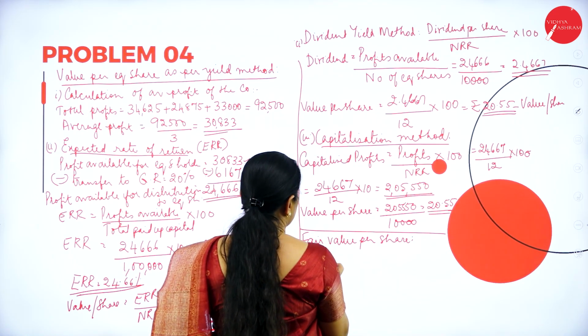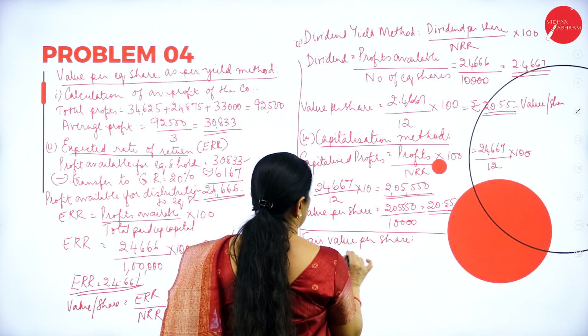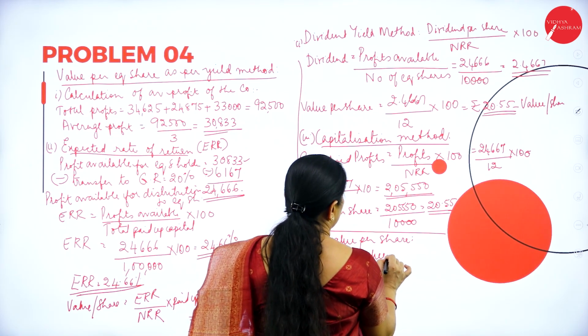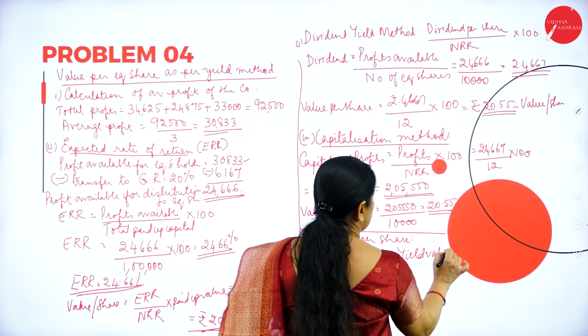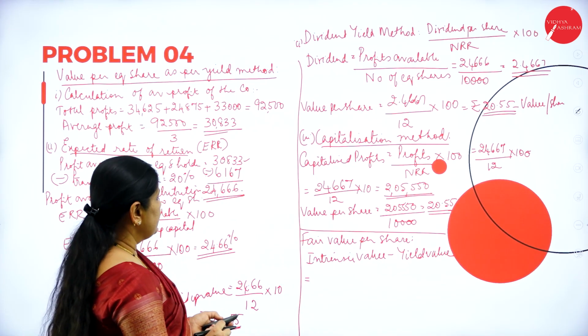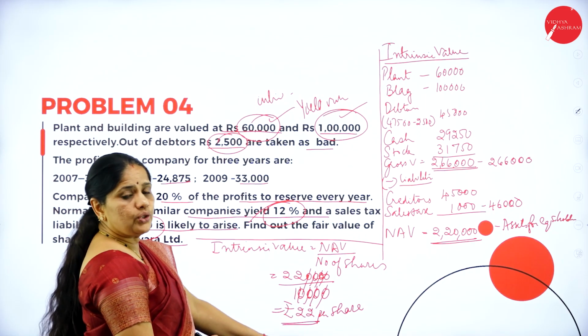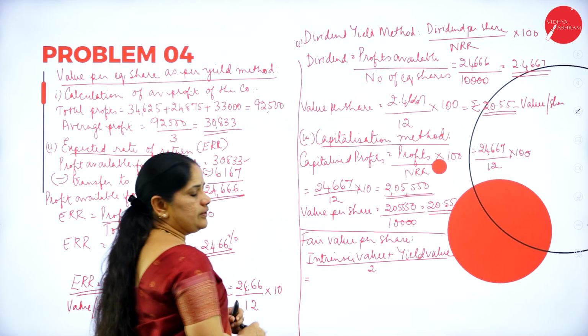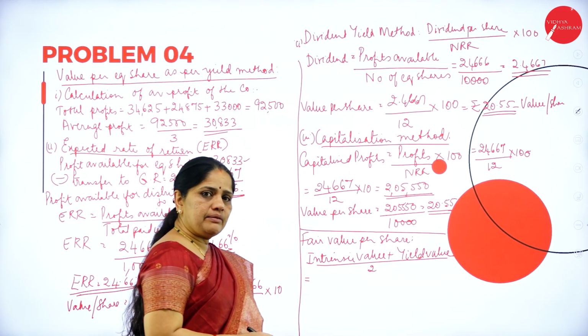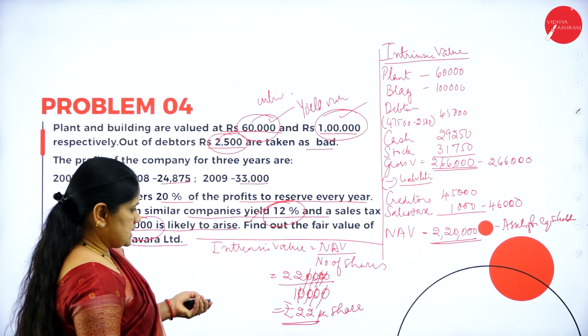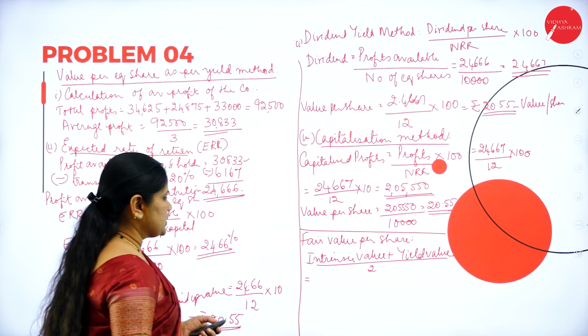Intrinsic value minus yield value. Now, what is the intrinsic value we calculated? 22 rupees per share. Now, the fair value per share is intrinsic value plus yield value divided by 2. Now, what is the intrinsic value? 22 per share.